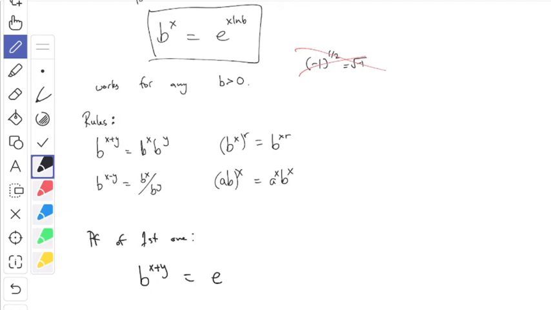Start with e. Yeah, e to the power x plus y ln b. Okay. Anything I can do with that?